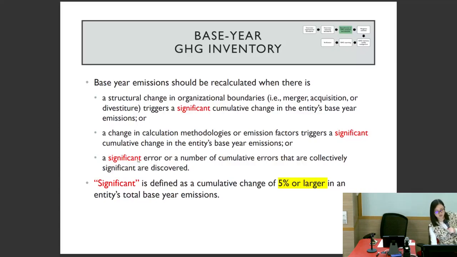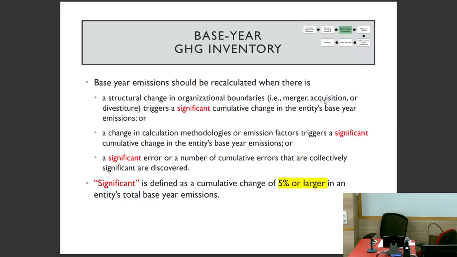Or when a significant error, or a number of cumulative errors that are collectively significant, is discovered. And what do we mean by significant? It would be about 5% or larger. So when you buy or acquire a company, and it leads to a 5% increase in the base year emissions, then you have to recalculate the base year emissions.